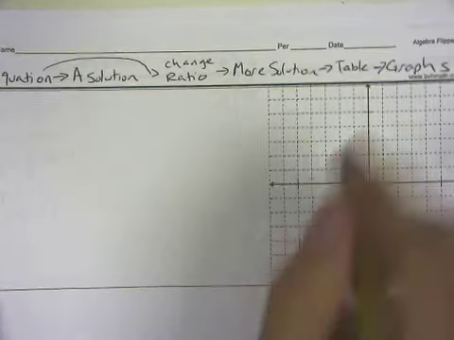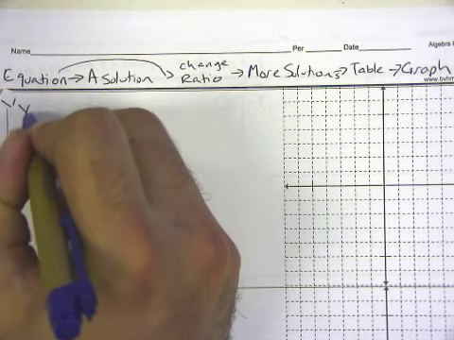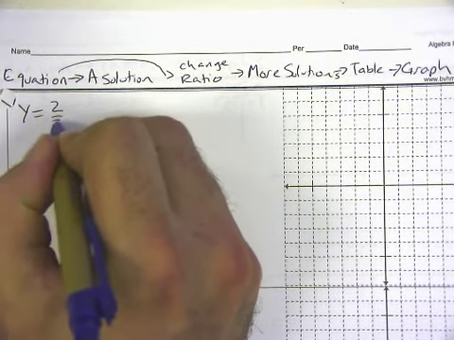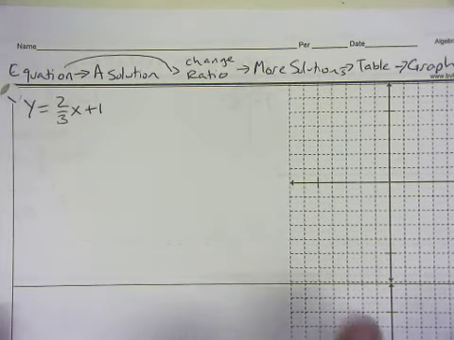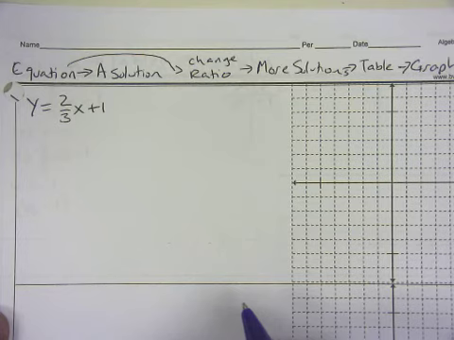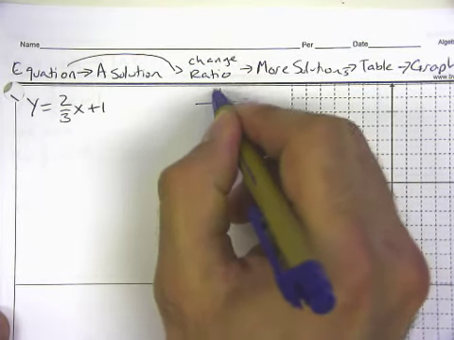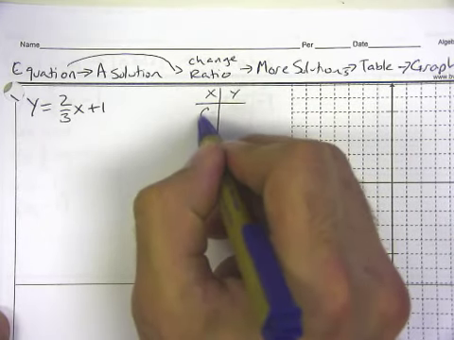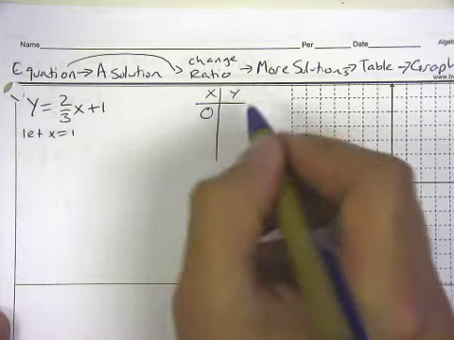Got that? Okay, so here's what I mean. Say we want to graph this equation, y is equal to 2/3 x plus 1. We've probably graphed this equation more than once, but it's a nice simple equation to lead with. We know that we can generate a really easy to find solution by looking at what happens when x is 0.